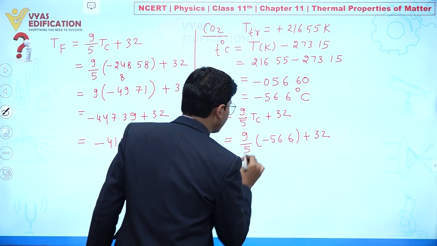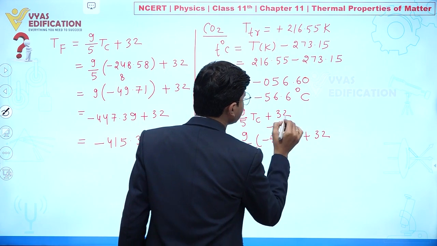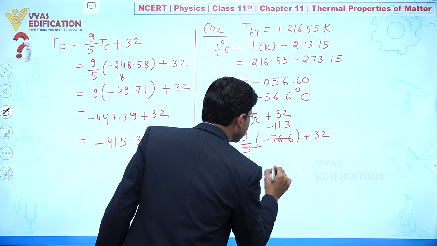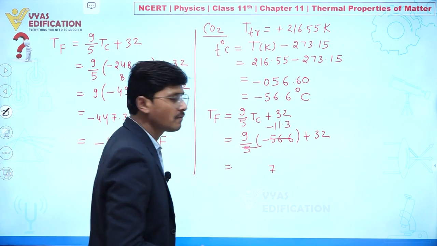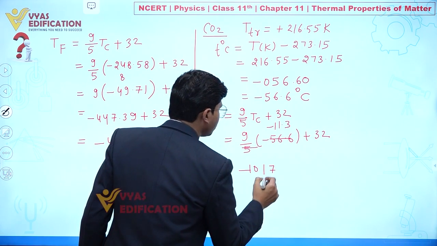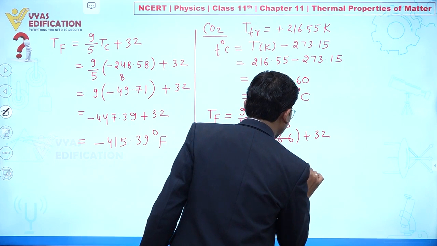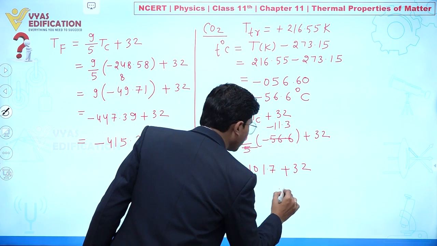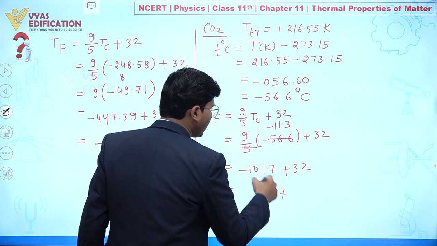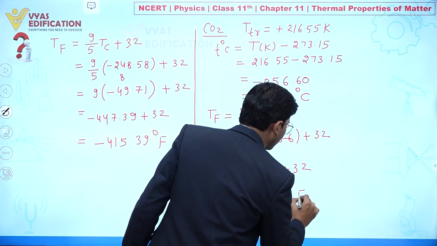From here, if we cancel this, this is minus 11.3. If you multiply, 27, we have 2 left, so 11, we have 1, this is 10, so minus 101.7 plus 32, clear. So from here this is 7 and this is 9, here we have 9 and this is 6, and this is in degrees Fahrenheit, clear.